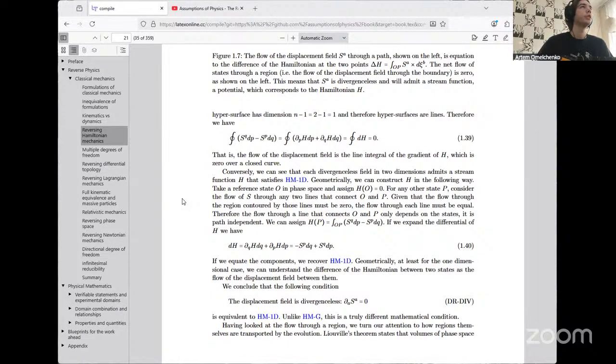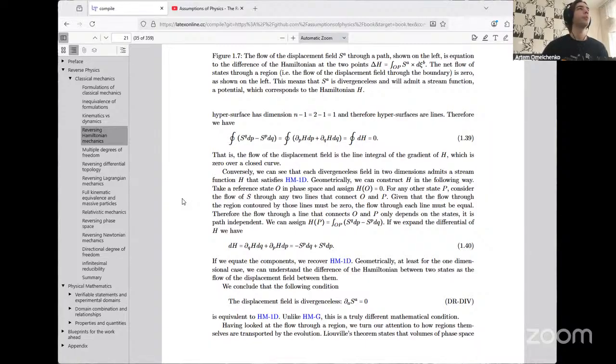For any other state P, consider the flow of S through any 2 lines that connect O and P. Given that the flow through the region contoured by those lines must be 0, the flow through each line must be equal. Therefore, the flow through a line that connects O and P only depends on the states. It is path independent. We can assign H of P to this integral.